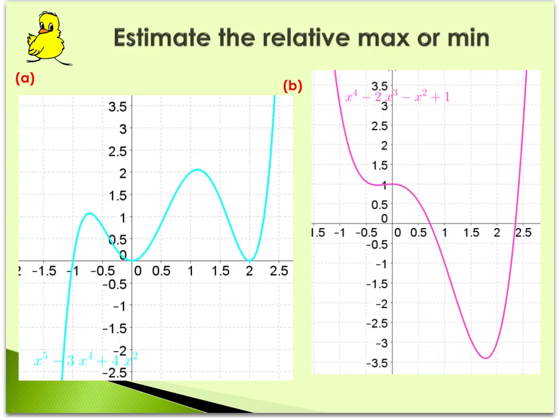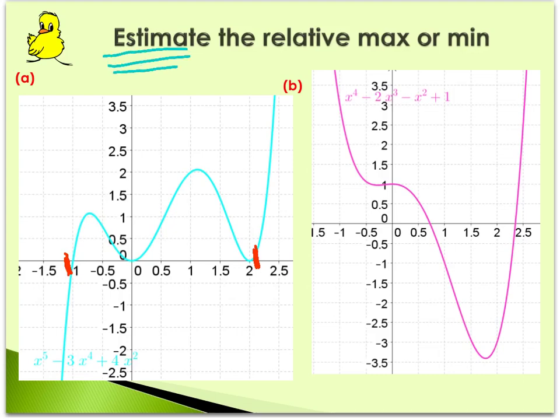Now looking at this graph, I want to look at what my relative maximum value is going to be. Well, I'm going to be looking at this interval here from here to here, and I want to figure out where my function achieves the highest y value. Well, that's going to happen up here, right, at this turning point. Now, again, we are not using graphing calculators, so this will just be an estimate.